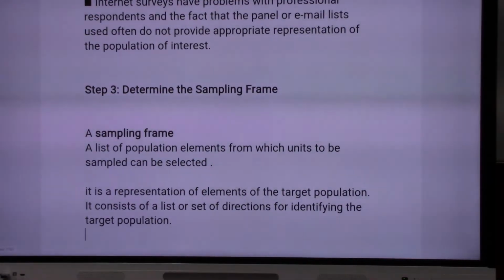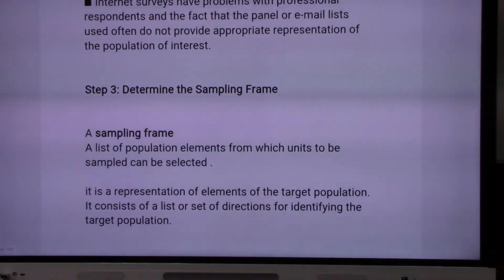In other words, it is the source from which we can identify our population. It is a representation of elements of the target population.